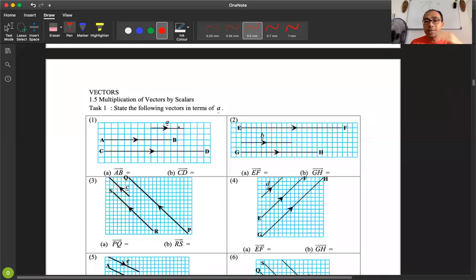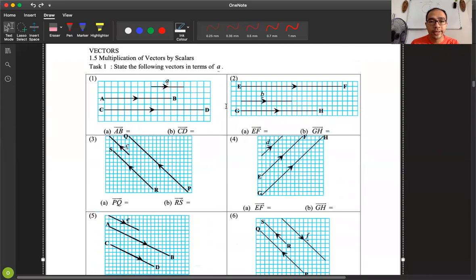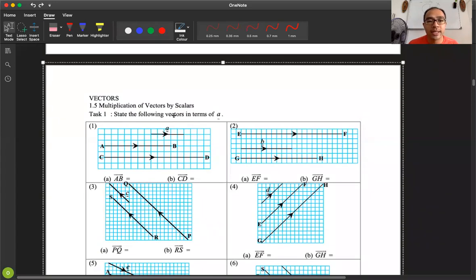So in terms of A means the direction is the same.